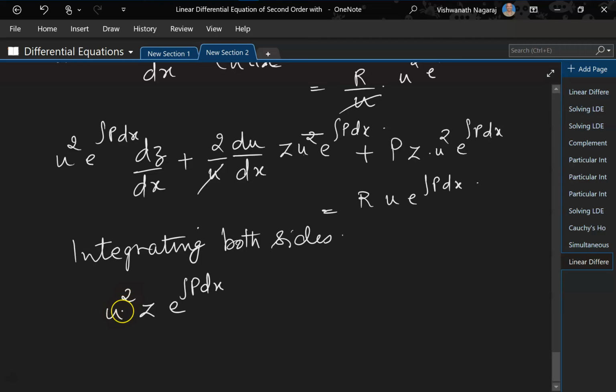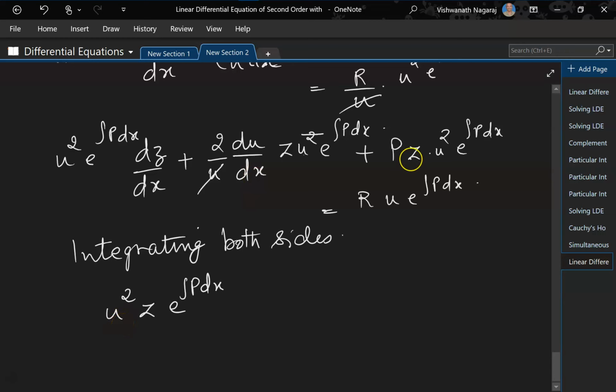Look at this. U square and e to the power of integral of p dx remain as they are, z is differentiated, dz by dx. In this case, z remains as it is, e to the power of integral of p dx remains as it is, u square is getting differentiated, 2u du by dx, right?